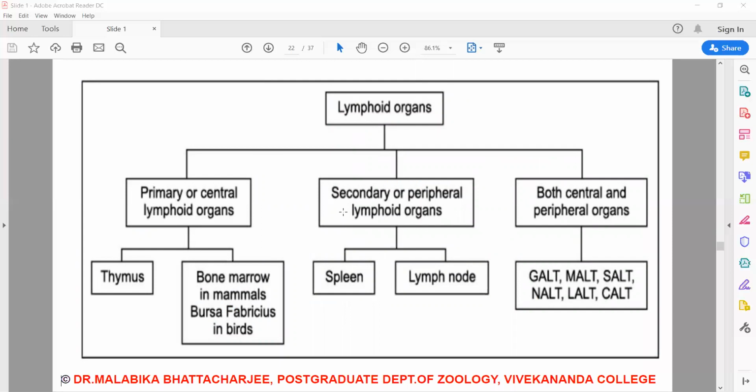When we come to the secondary or the peripheral lymphoid organs, such as the lymph nodes, the spleen, then we have the mucosal associated lymphoid tissue, we have the gut associated lymphoid tissue. What happens? These lymphoid tissues trap the antigen and also provide sites for mature lymphocytes to interact with the antigen.